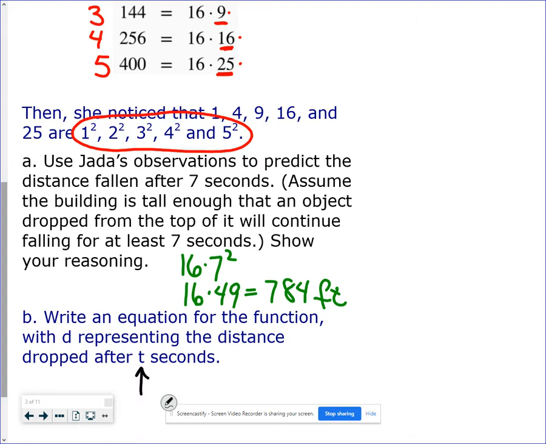So this distance that it's going to fall would be equal to 16 times the number of seconds squared. The distance equals 16t squared. Now that I know that, I can use that to find any number that I want.